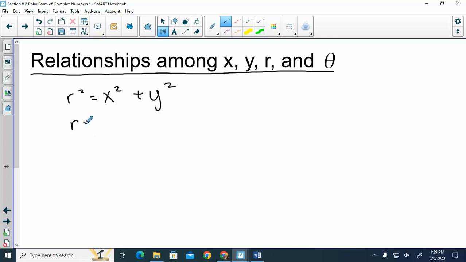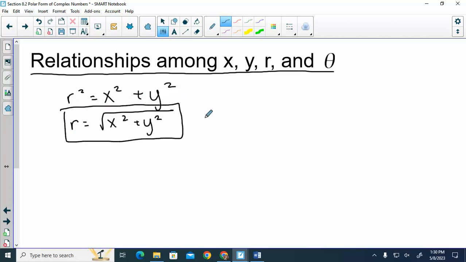So if you're trying to find r, that's the square root of x squared plus y squared. That's the same thing as the magnitude of a vector. When we were doing those last Thursday, the magnitude was the square root of a squared plus b squared. If you're just looking at a triangle, we did the Pythagorean theorem to get this side. They're all connected. It's all the same thing. So that side r is still the square root of x squared plus y squared.